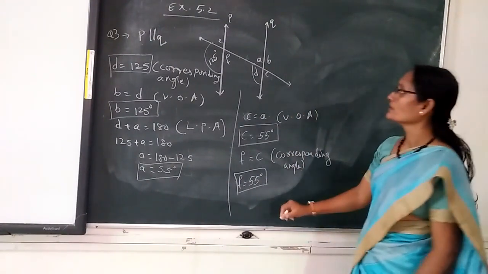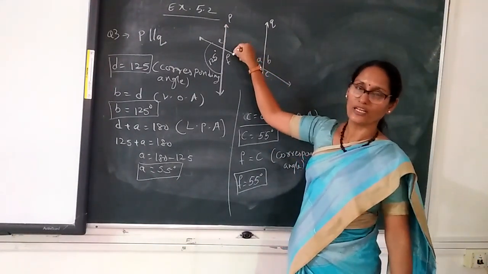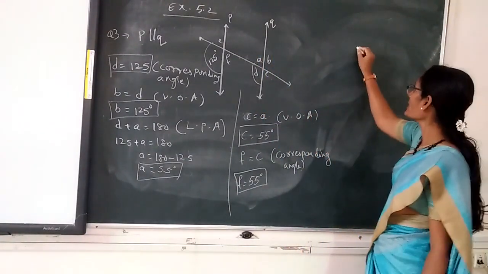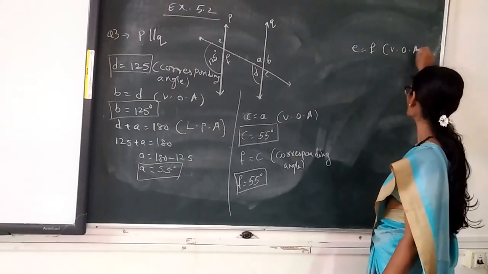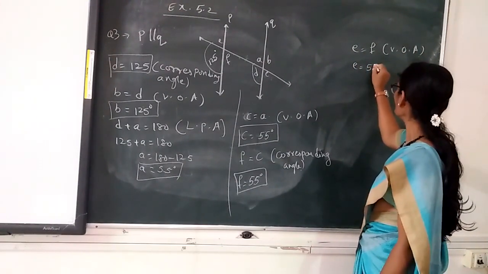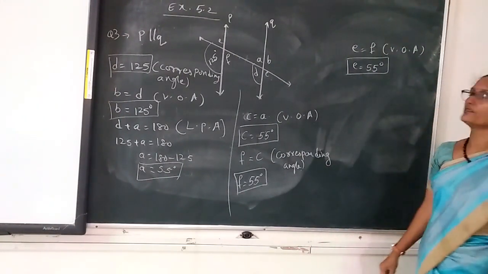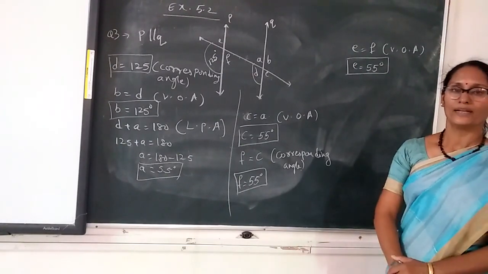Got it now? Now what is left? E. E and F, which type of angles are they? Vertically opposite angle. So E will be equal to F, reason: vertically opposite angle. So E will be equal to 55 degrees. Practice this.